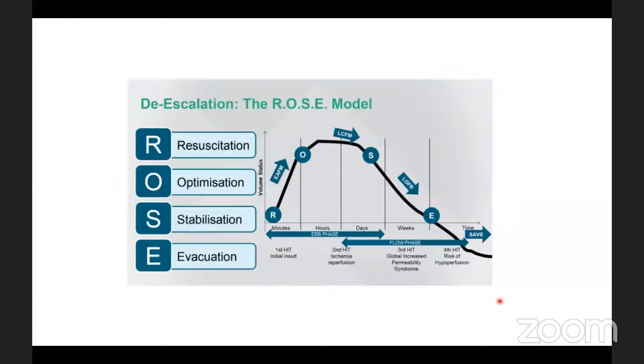So this brings us to the ROSE model, which was coined by a gentleman called Vincent and his colleagues. It's an acronym for resuscitation, optimization, stabilization, and evacuation. These are things we expect you to do to a patient, depending on the stage at which you're going to talk to the patient.